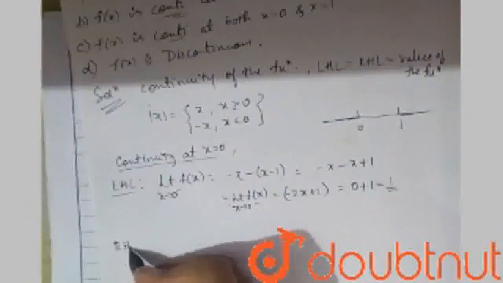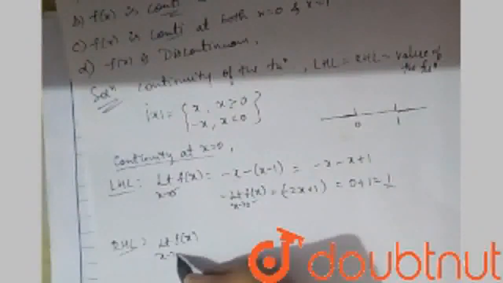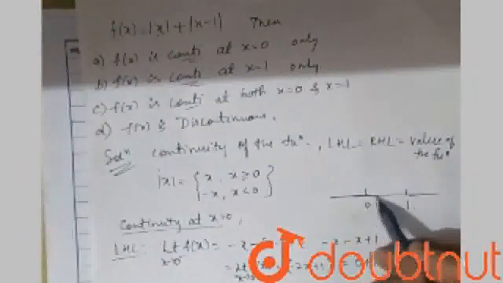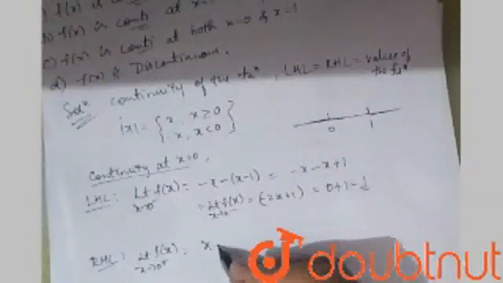Similarly RHL, the limit of f of x as x tends to 0 plus, means the right side of 0. Here mod x equals x according to the definition.